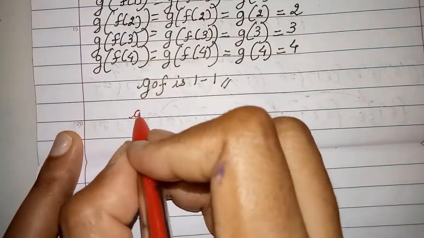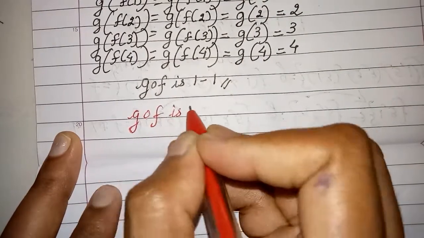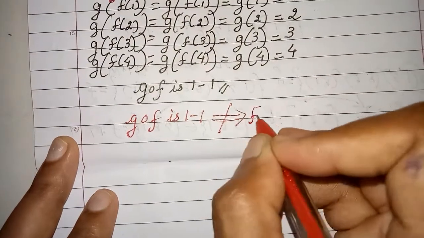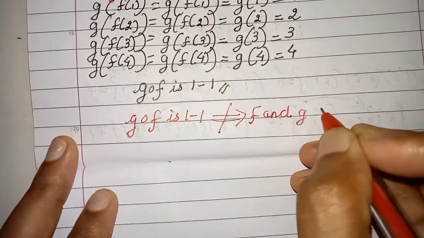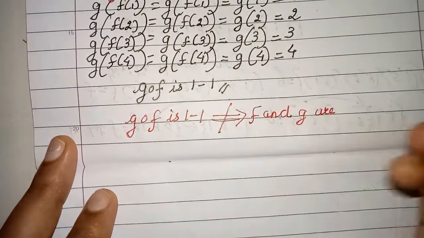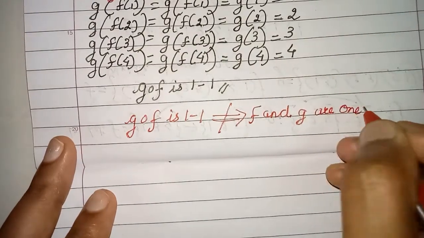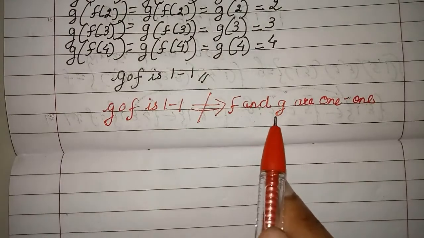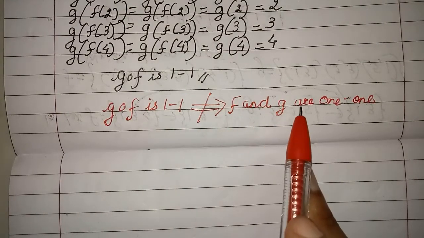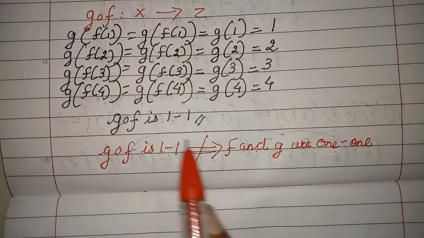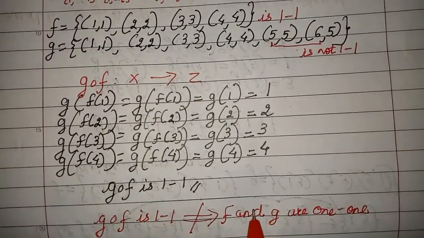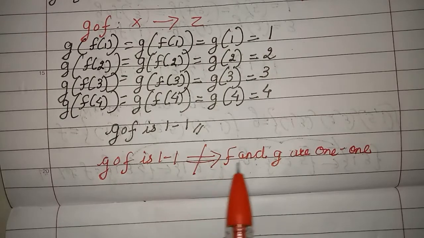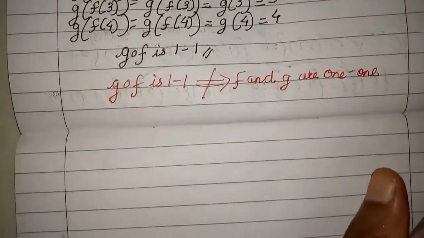This means that g composite f being 1-1 need not imply that f and g both should be 1-1. Is that clear? Because if this condition had to be true, then both f and g would have to be 1-1. But we have one example here where f is 1-1, but g is not 1-1. So that's why g composite f being 1-1 will never imply that f and g are both 1-1.